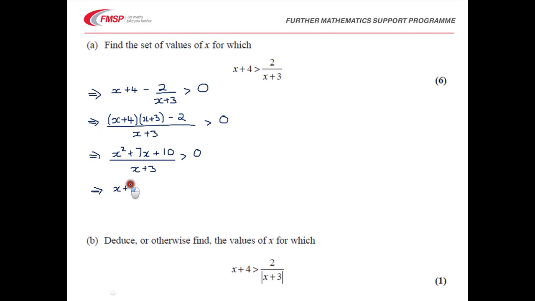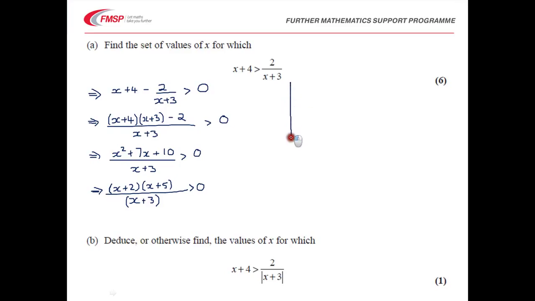So (x plus 2)(x plus 5), all over x plus 3. My critical values are the values of x which would make that expression 0 or give me 0 on the denominator. So -2, -5 and -3 are my critical values.